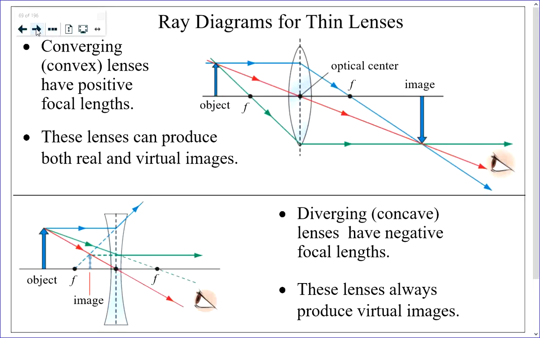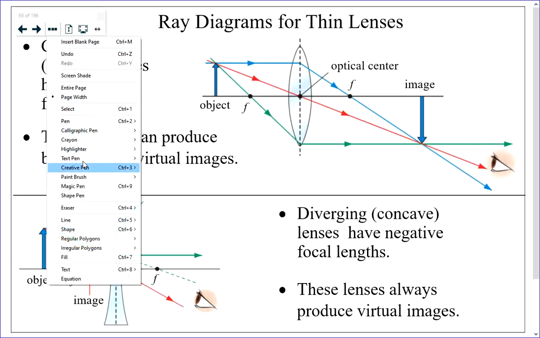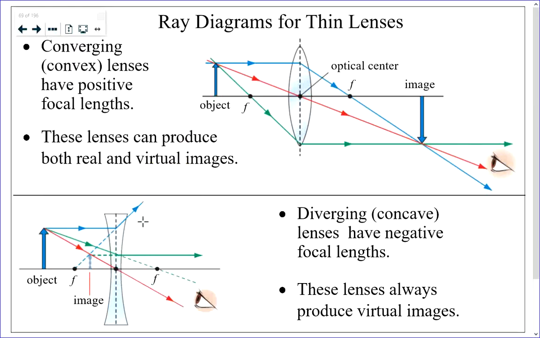With a diverging lens, you should know that a beam of light going through the center continues through the center. A beam of light parallel will refract away from the focus closest to the object, and a beam of light going towards the opposite focus will refract parallel. And if you trace this beam of light back, and this beam of light back, and this beam of light back, your brain is deceived into believing that there's an image over here where they appear to originate from.